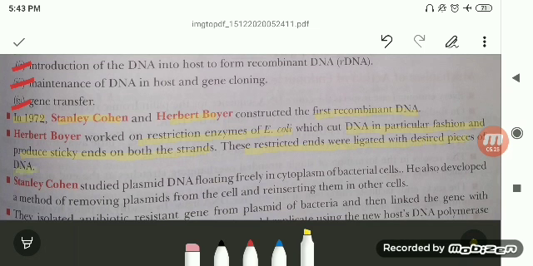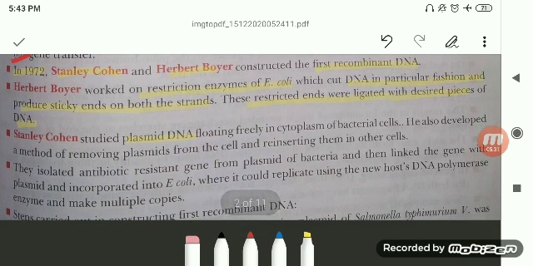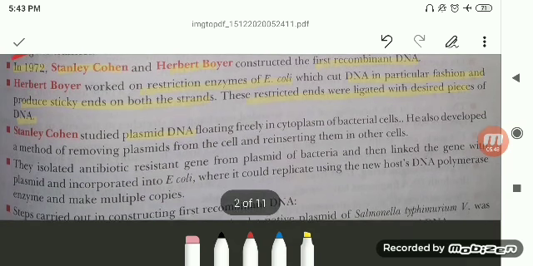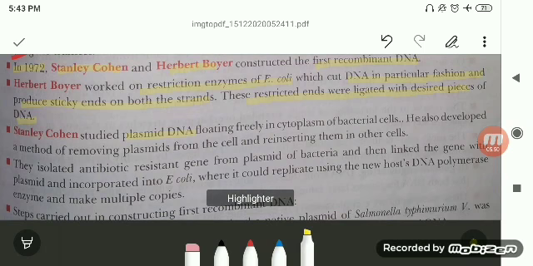Stanley Cohen studied the plasmid DNA floating freely in the cytoplasm of the bacterial cell. This is the extra chromosomal, circular DNA in the bacterial or prokaryotic cell, along with the nuclear material. He developed a method of removing plasmid from the cell and reinserting it into another cell.